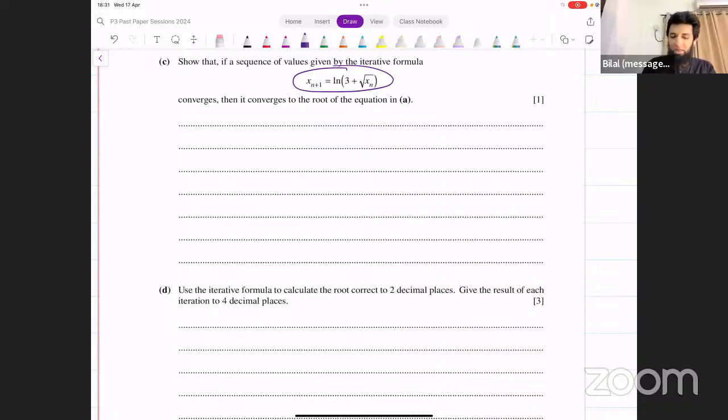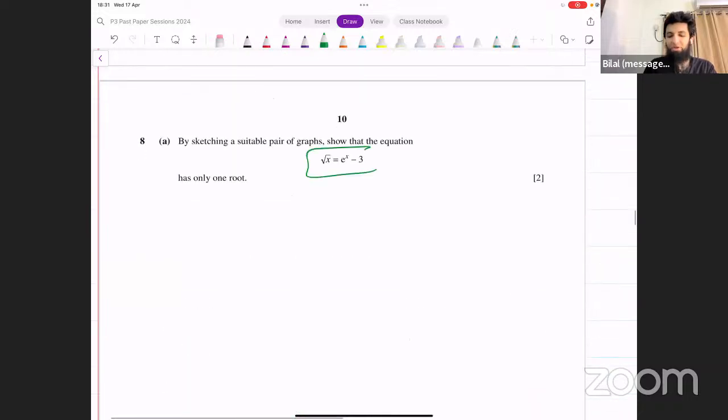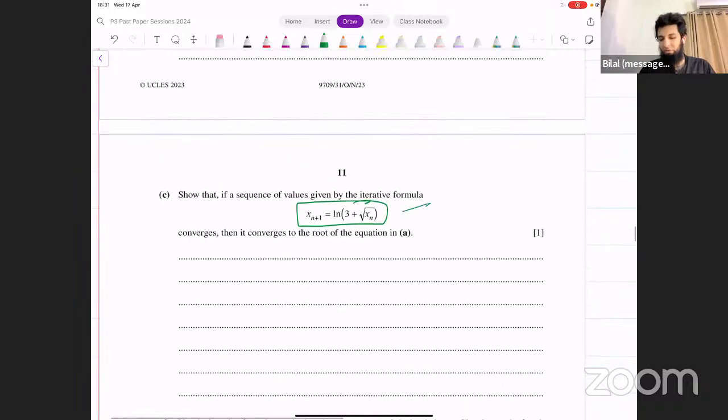Then it converges to the root of the equation in A. Now, this is a complicated way of saying that show that this iterative formula corresponds to this equation. That this equation has this one possible iterative formula. That this iterative formula corresponds to that equation.